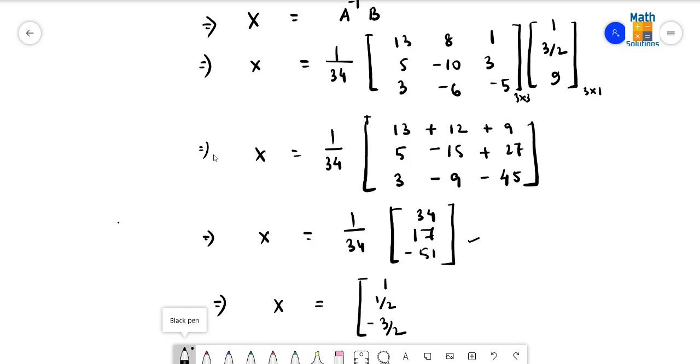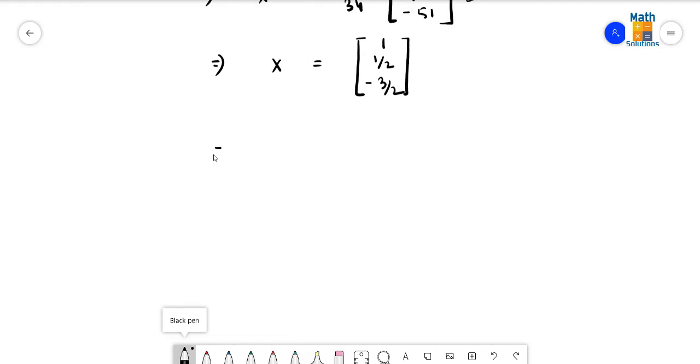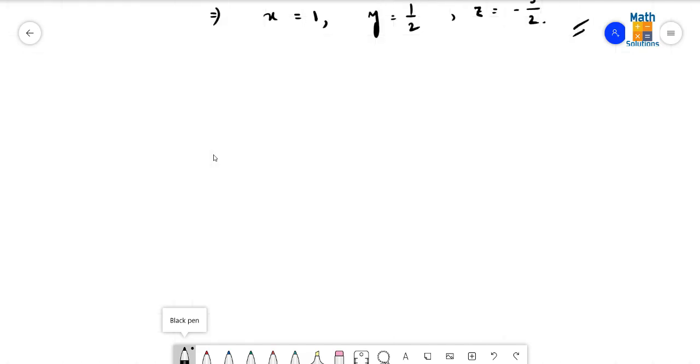After this our result comes as, in place of x, actually x is nothing but the matrix x, y, z, that is equated to 1, 1 by 2, minus 3 by 2. So this will imply x is equal to 1, y is equal to half, then z is equal to minus 3 by 2, and this is the required answer. Then coming to question number 12.